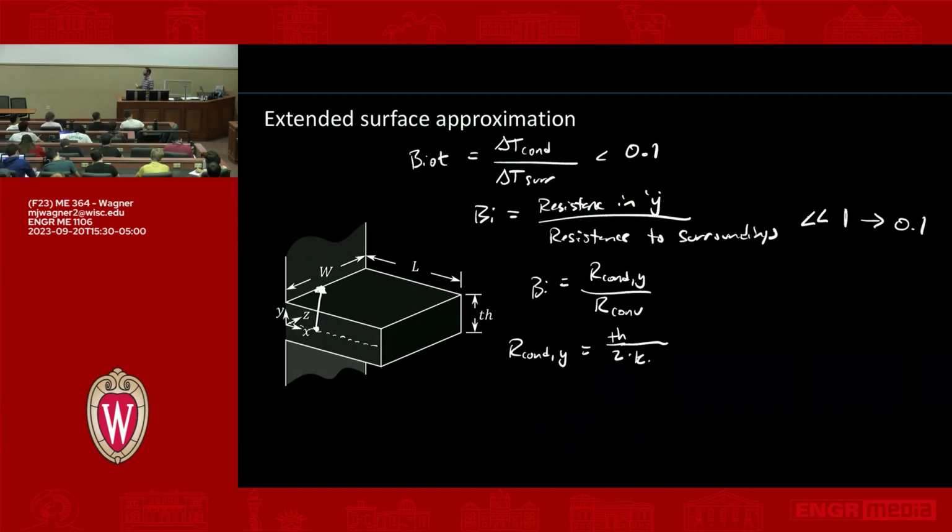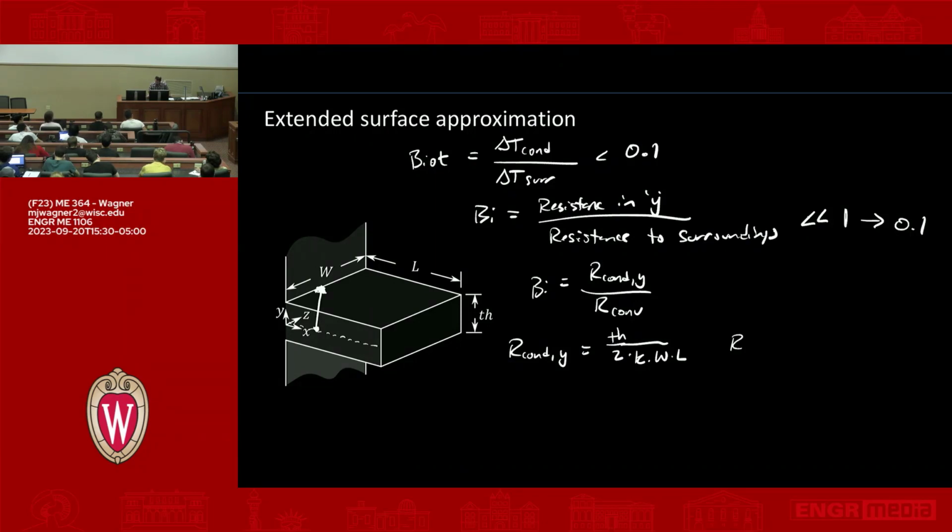What is the cross-sectional area available for heat transfer in the Y direction? W times L. Yes. W times L, right? You see why that is? It's the area available in the Y direction. Be careful about that. Okay, so that's our conduction inside the domain.